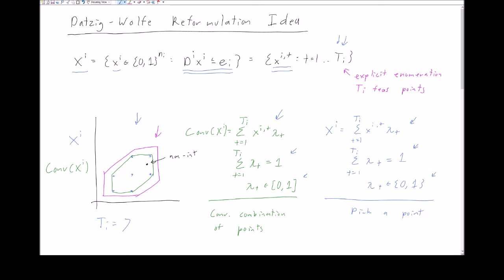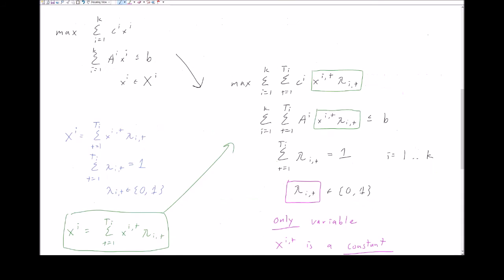It's easy to see that when we do this, combining the 0-1 constraint with the sum to 1 constraint, exactly one of the xits is going to be chosen. Although this seems like a pretty strange way to write capital Xi, it turns out to be very useful. In effect, this formulation is going to pick out a particular feasible point, and we don't know which one is going to be picked a priori.